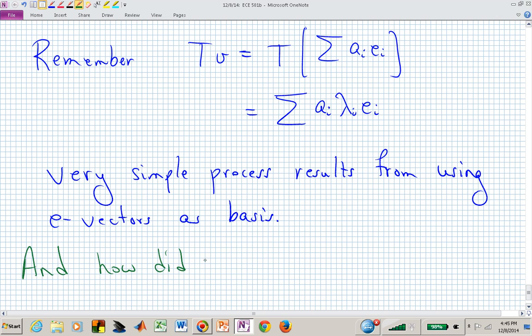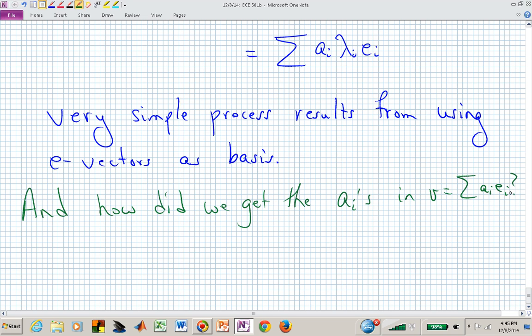And how did we get those coefficients a sub i? You just told me those were these projections. But now if we have this generic or arbitrary vector v, we can look at these inner products or projections a sub i as simply v inner product with each of the e sub i's.